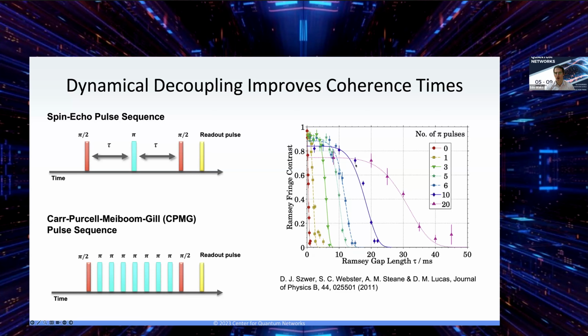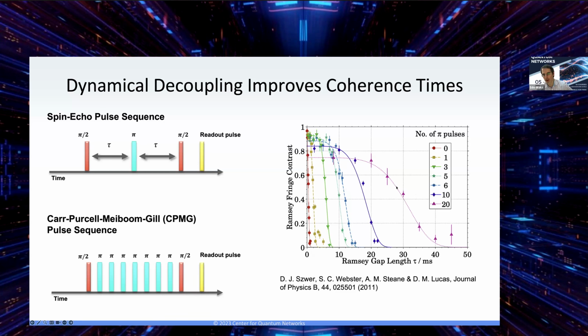Here's an example from diamond, NV centers in diamond. The red curve here is what happens when you don't use any dynamical decoupling, and you can see that the coherence time is only on the order of a few tens of microseconds. But if you implement a large number, 20, of dynamical decoupling pulses, you can improve that coherence time to over 20 milliseconds.